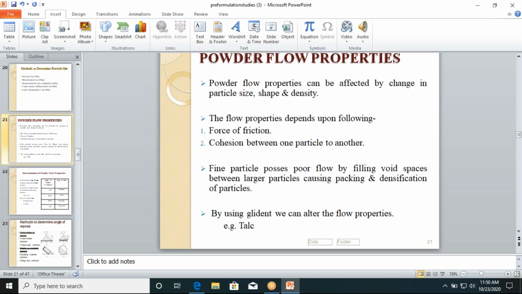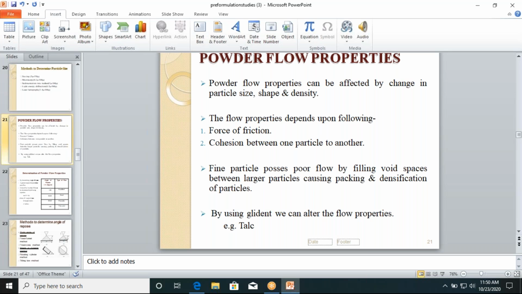The empty space between the particles. So between the larger particles, there will be empty spaces called void spaces, and these void spaces will cause the packing and densification of the particles, which leads to poor flow for the fine particles.